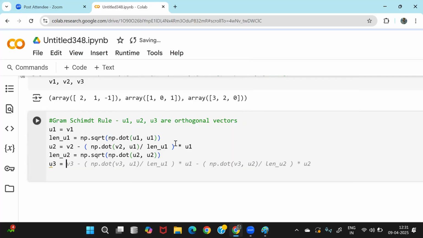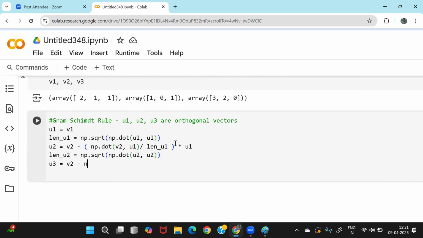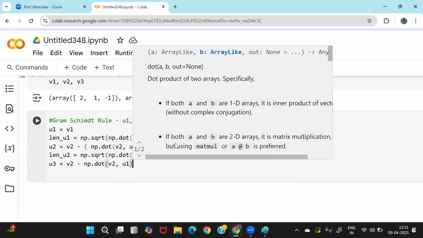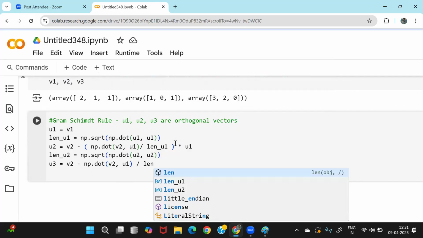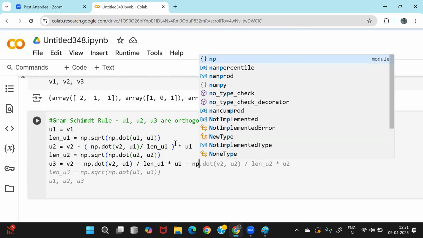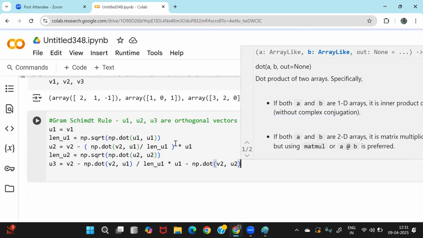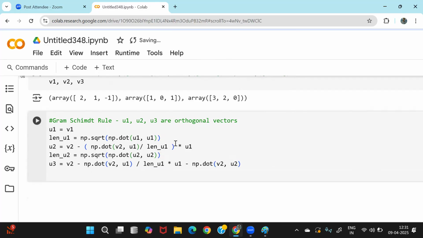Now u3 is equal to v3 minus dot product of v3 with u1 divided by length of u1 into u1, minus dot product of v3 with u2 divided by length of u2 into u2.